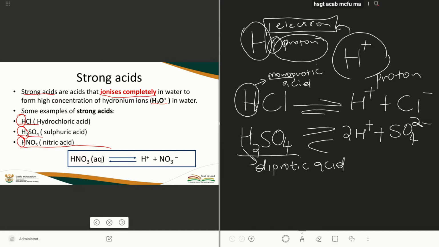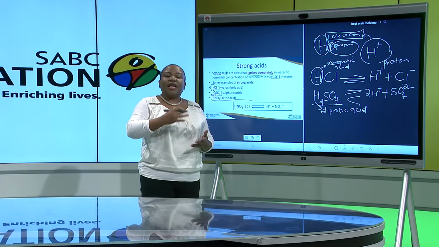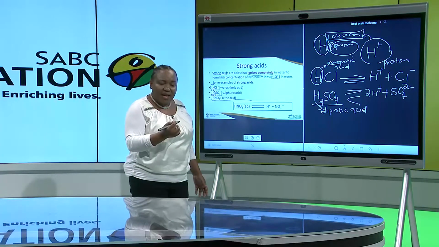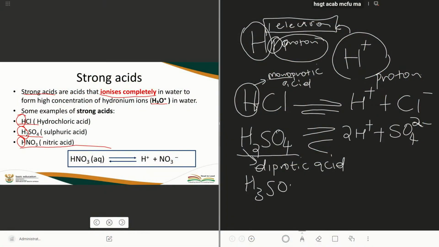So, naming or classifying an acid will depend on the number of protons that it can donate in terms of Lowry-Bronsted theory. If the protons were now 3, like in a phosphoric acid, then that acid would be referred to as a triprotic acid. However, the most emphasis here is mostly given to monoprotic and diprotic acids.